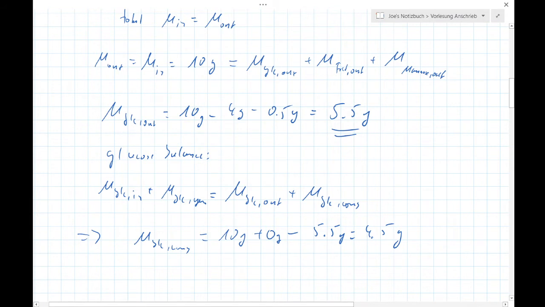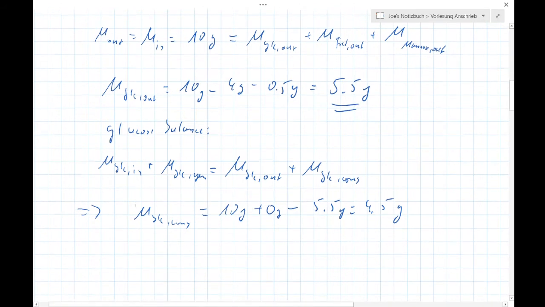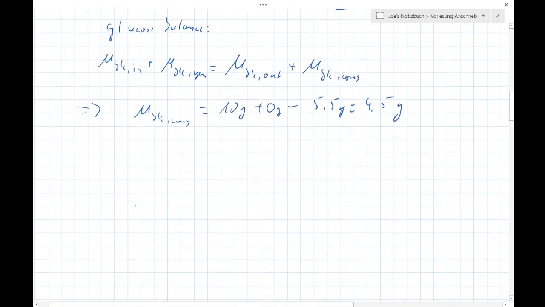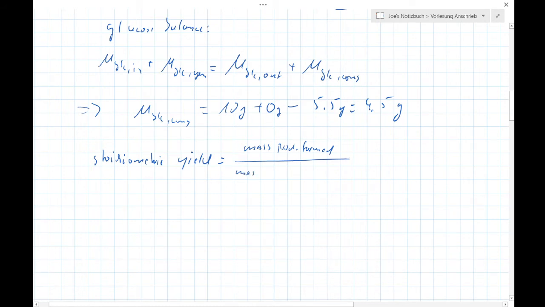So now we have all the values. What we do now is simply look at the yield coefficients. The stoichiometric yield, remember, is the mass of product formed divided by the mass used for the reaction.